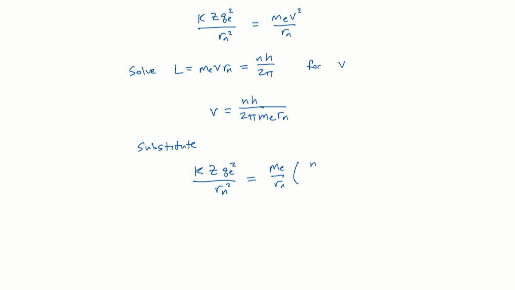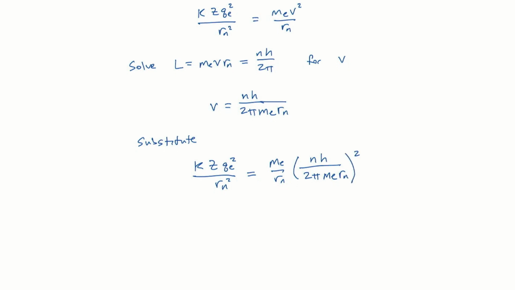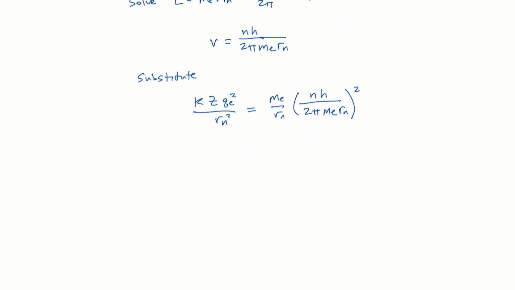Our V is N times H over 2 pi M sub E R sub n, and we've got to square all that. So let's write that out squared. We have K Z Q sub E squared over R sub n squared is equal to, we have an M sub E and R sub n.